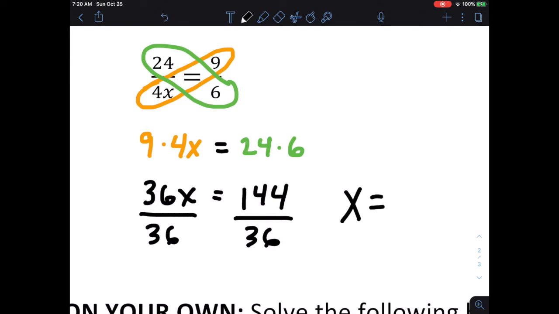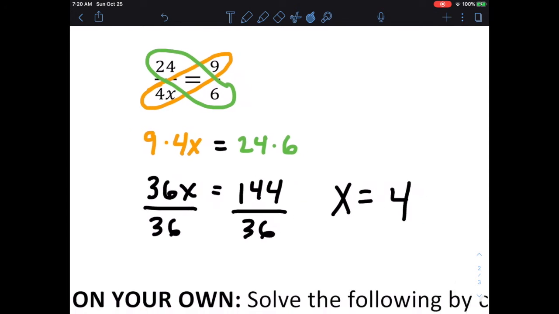So we end up with x equals 4. Okay, so notice we just had one more little step where we had to do 9 times 4, and then we could do the division to be able to figure out what the answer was.